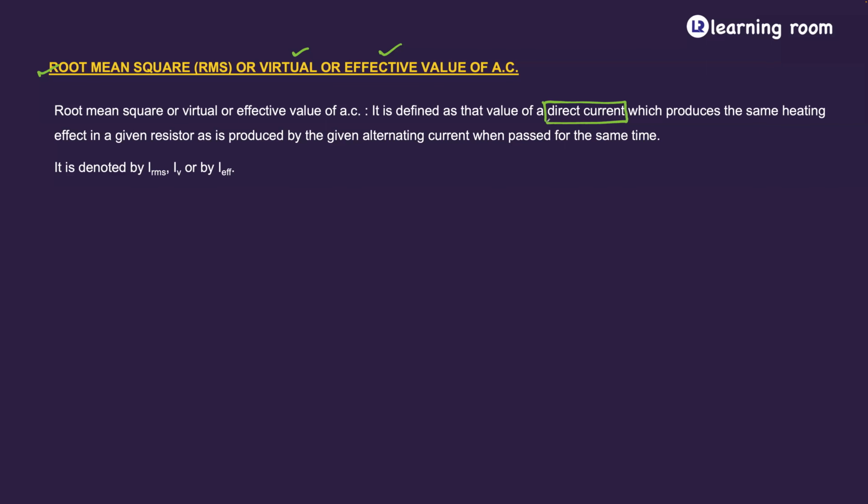That is why if you see the definition of average value or RMS value, both are given in terms of direct current. So it is defined as that value of direct current which produces the same heating effect in a given resistor as produced by the given alternating current when passed for the same amount of time.